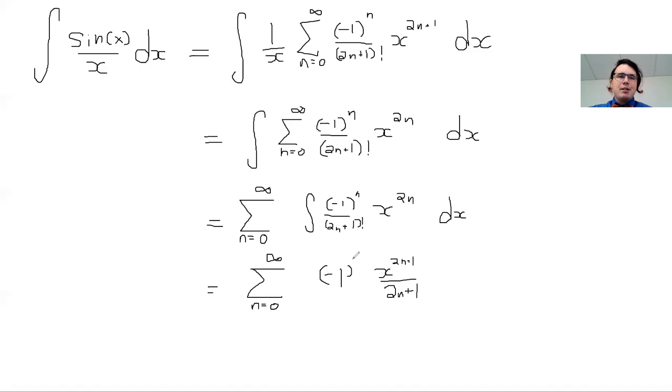The coefficient in front is going to stay the same as what I had in the previous line. So there is the calculation of my antiderivative. The very last piece that I'm going to put here, because this is an indefinite integral, there will be a constant of integration. So I'll have a plus c outside of the power series.